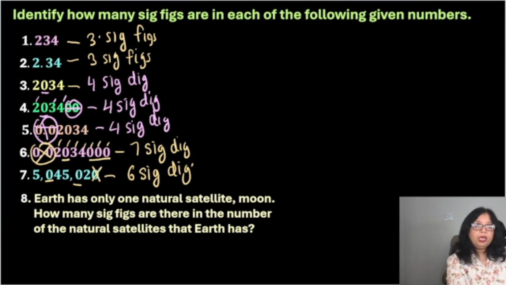And we're also going to talk about scientific notation. When you write a number in scientific notation, it makes it very easy to tell how many significant digits are there. Those things will be discussed in the next couple of lectures, which will then be followed by measurements and error analysis.